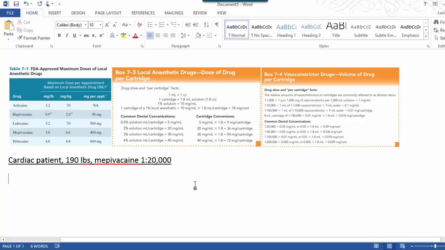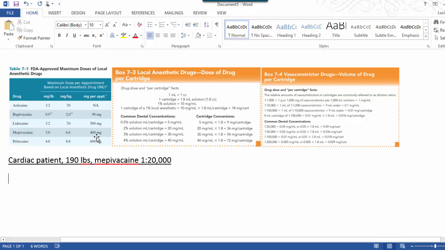One last example. Let's say a cardiac patient weighs 190 pounds. And you want to give them mepivacaine, 1 to 20,000 levonordefrin. Now the absolute MRD for mepivacaine is 400 milligrams.